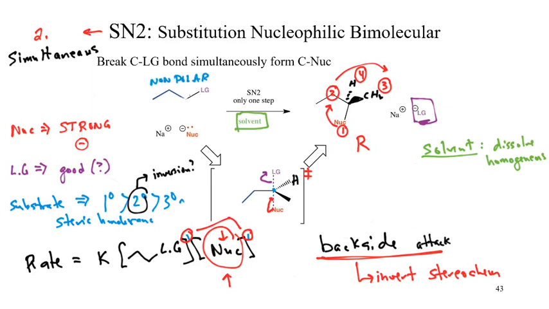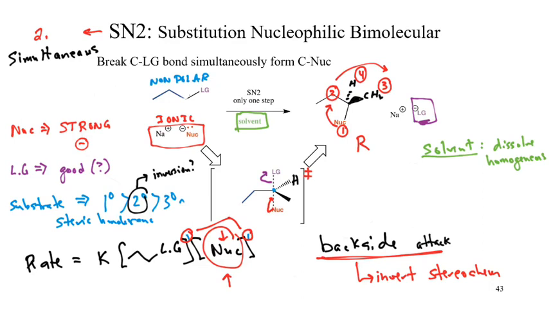Okay, and then we also have our nucleophile, which to be strong is probably ionic. So what we want to dissolve this is something that can dissolve both of those.